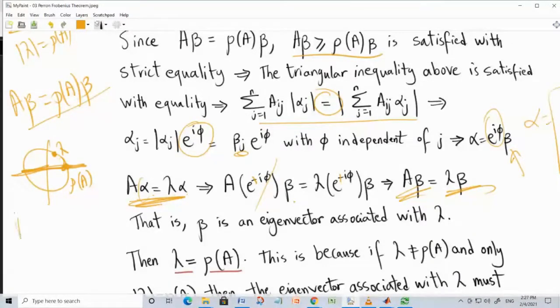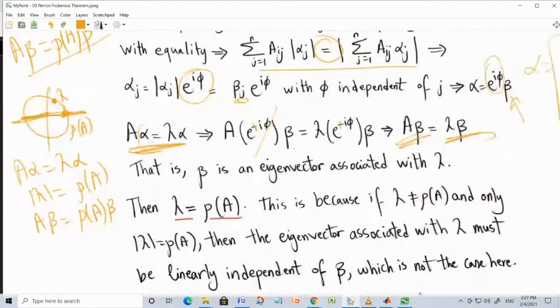Okay, so we started with A alpha equals lambda alpha with magnitude of lambda equals rho of A. Then we derived that A beta is equal to rho of A beta. And now we are saying something more. We are saying that A beta is equal to lambda beta. Okay, so beta is an eigenvector associated with lambda.